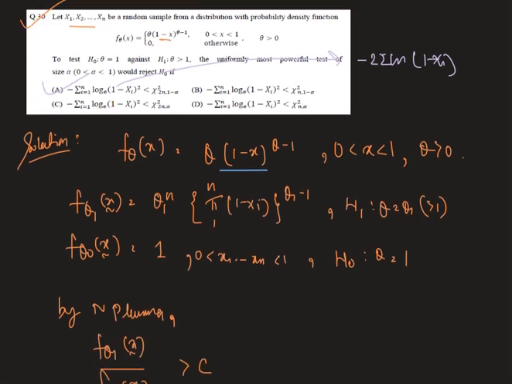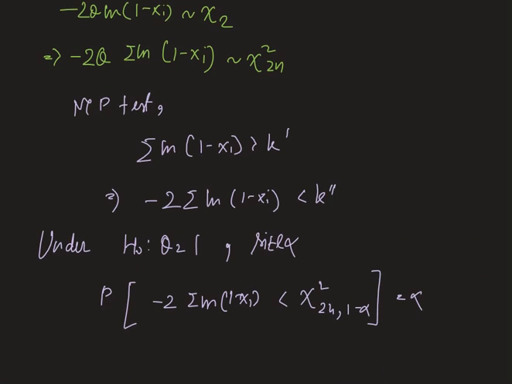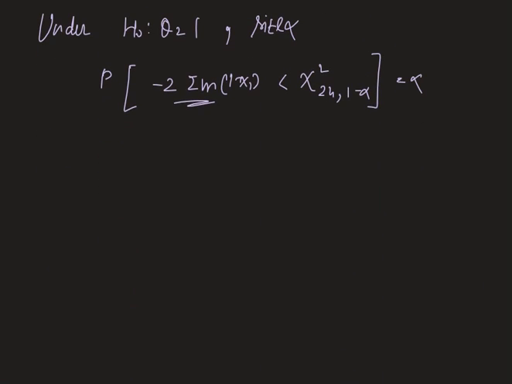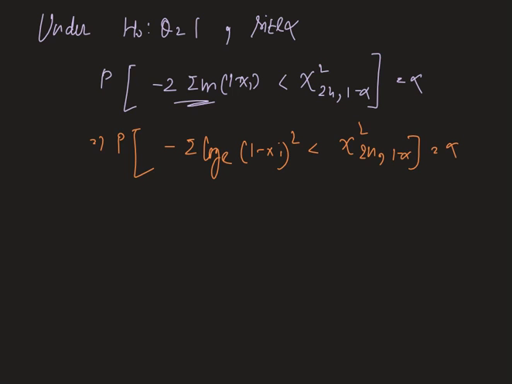Let me rewrite this: the probability that minus sum over log base e of (1 minus xi) whole square is less than chi squared 2n comma 1 minus alpha equals alpha.